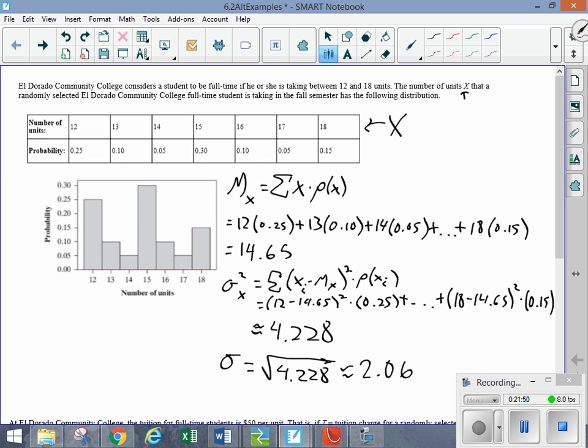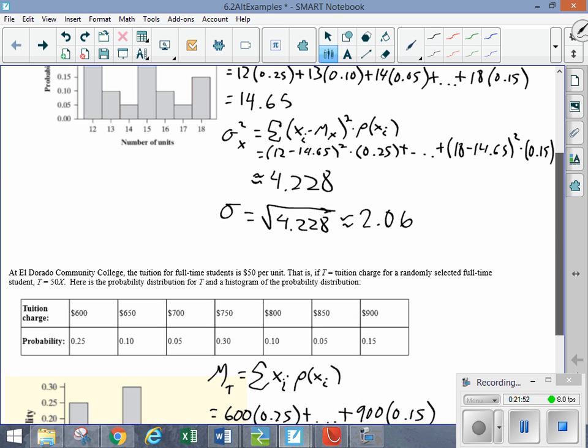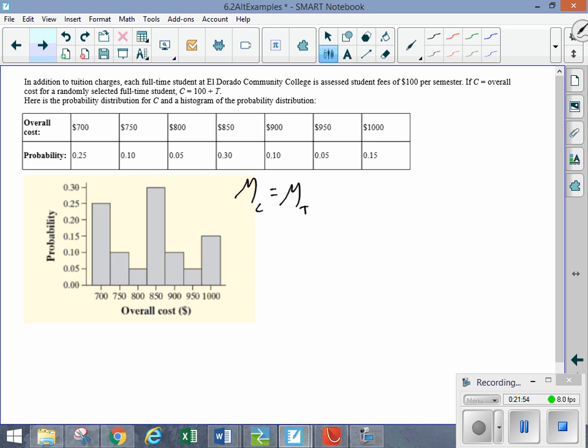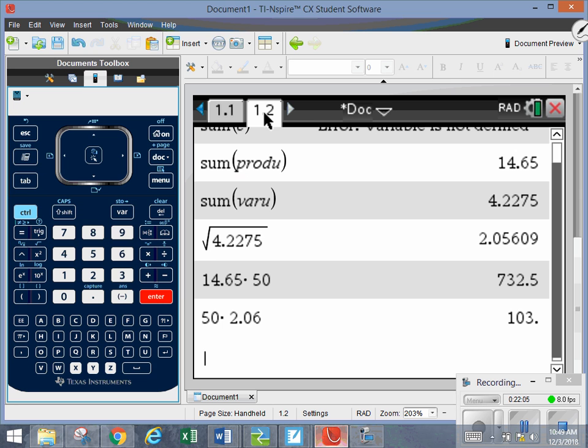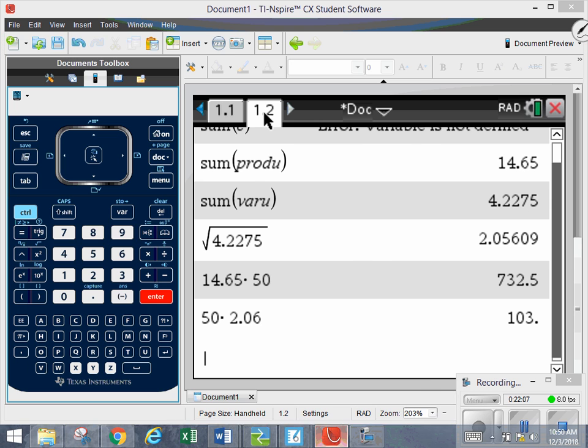Plus 100, right? So that is going to be 732.5.